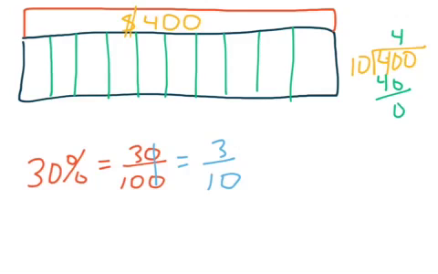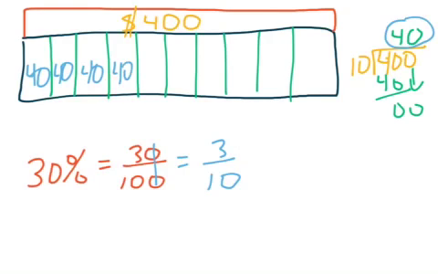We no longer have a remainder. We do have to bring down our final 0, but of course 10 goes into 0 times, so it looks like 40 will be the amount for each section. Now this is not 40%, this is actually $40. If we create a model in tenths, then we have 40 for each section.